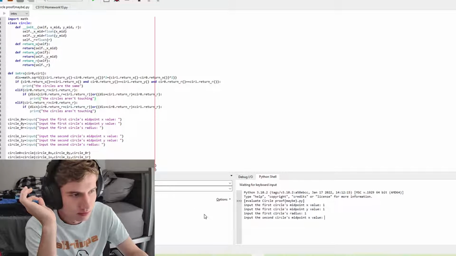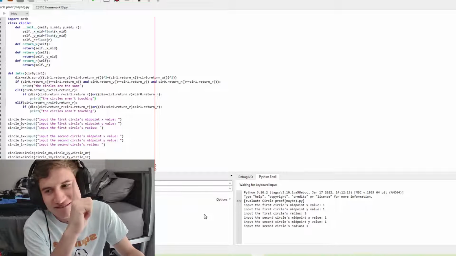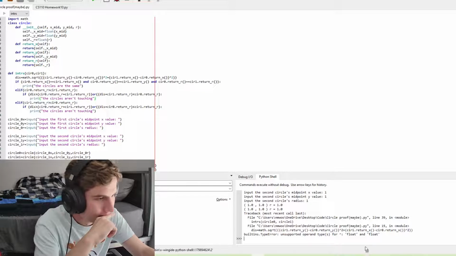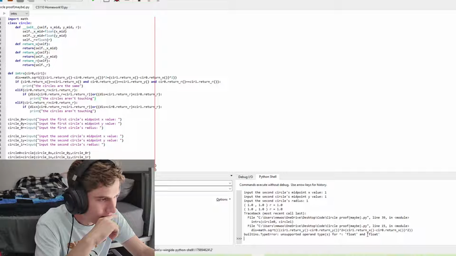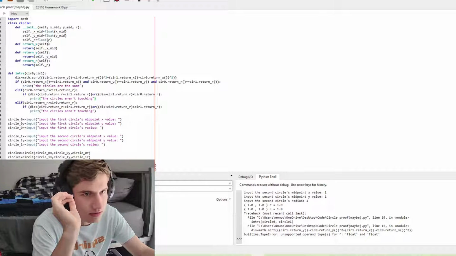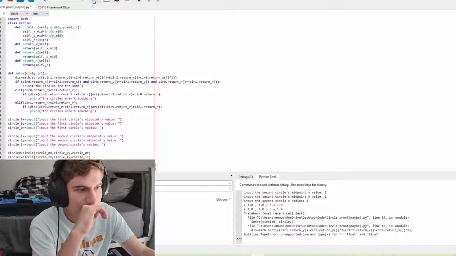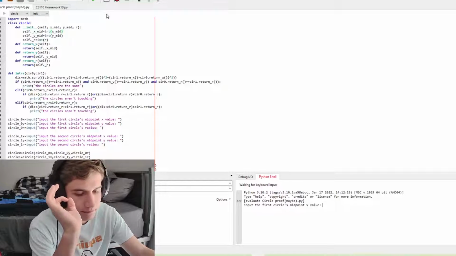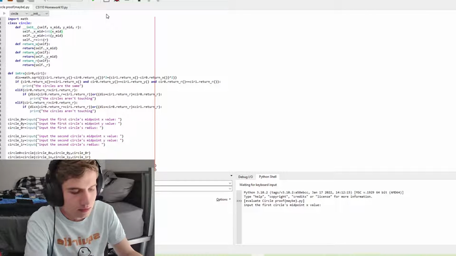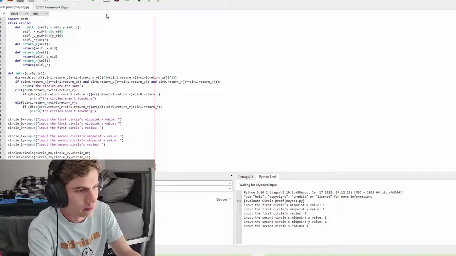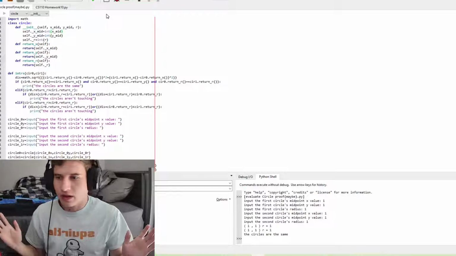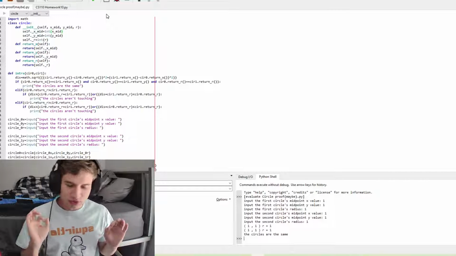So okay, let's not do float then. Let's just make these integers. See if that works. That was surprisingly easy.